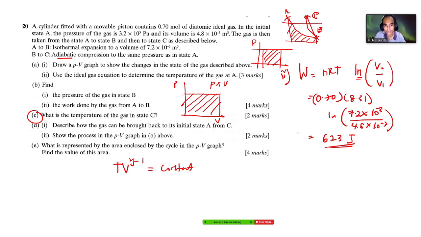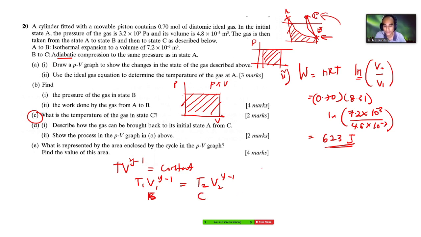If you check your adiabatic equation, there will be TV and PV. So TV gamma minus 1 is constant. It means that T1 V1 gamma minus 1, the first state, equals T2 V2 gamma minus 1. So from B to C it will be equal.